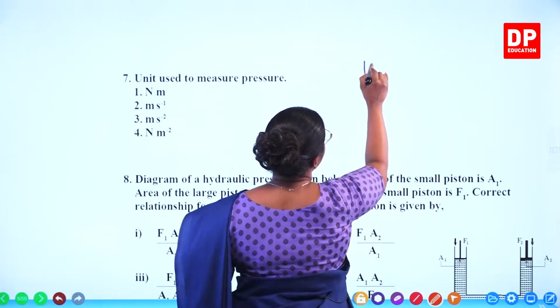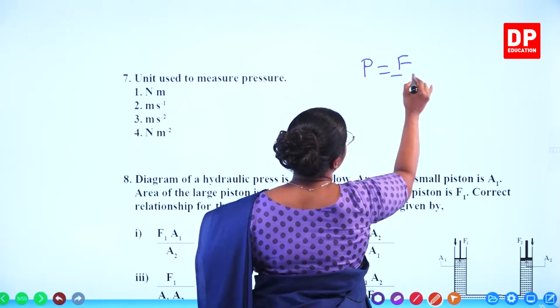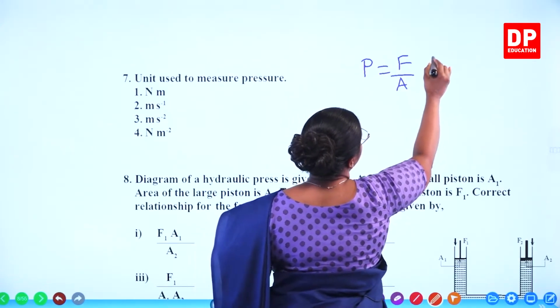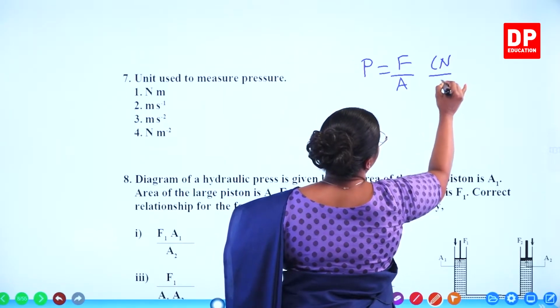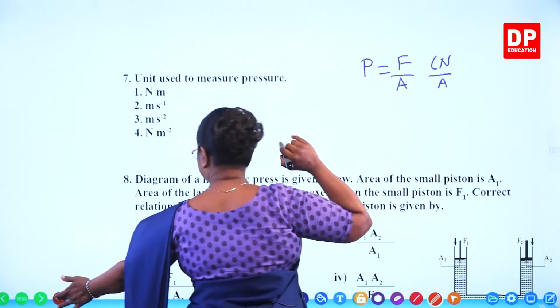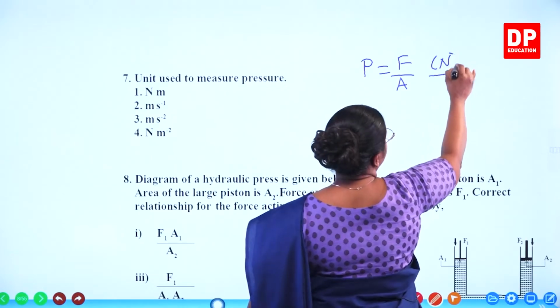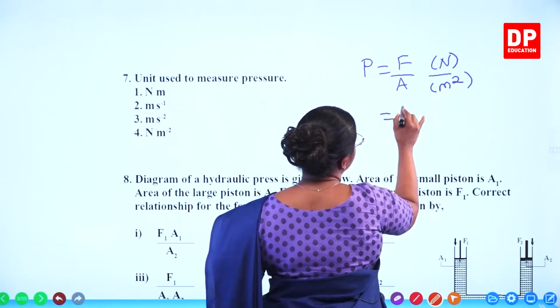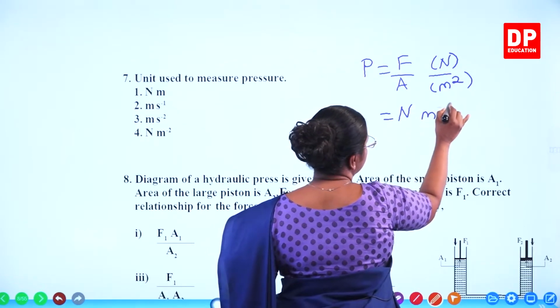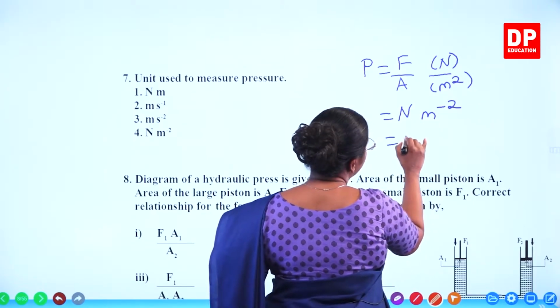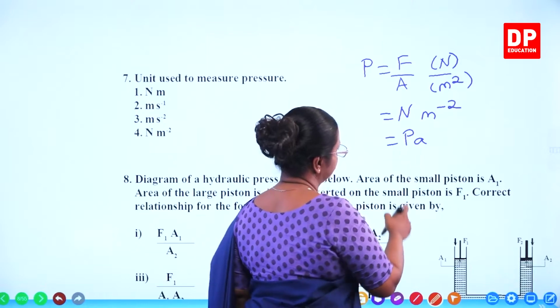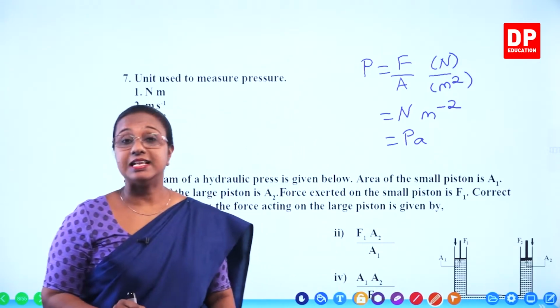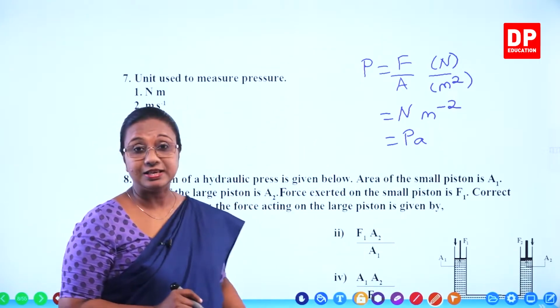We use the equation P equals F over A. So here Newton, and this is meter squared. So from that we get the unit as Newton meter minus 2. But that is equal to Pascal. And Pascal is the standard unit of pressure. So you are familiar with this.